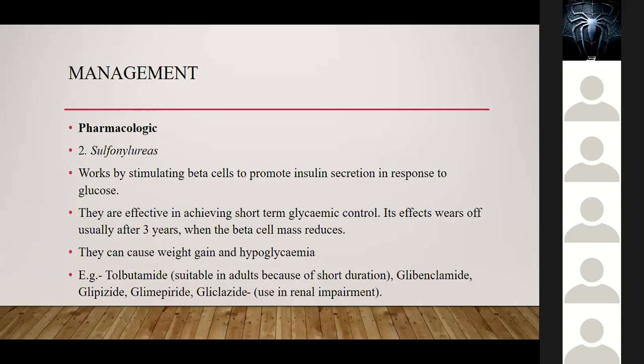Sometimes, in fact most of the time, most clinicians don't look at these things, and then they see a diabetic with chronic kidney disease, and they just put them on any diabetic medication. You need to be careful. Okay, you go for your gliclazide because that is what is used in renal impairment.